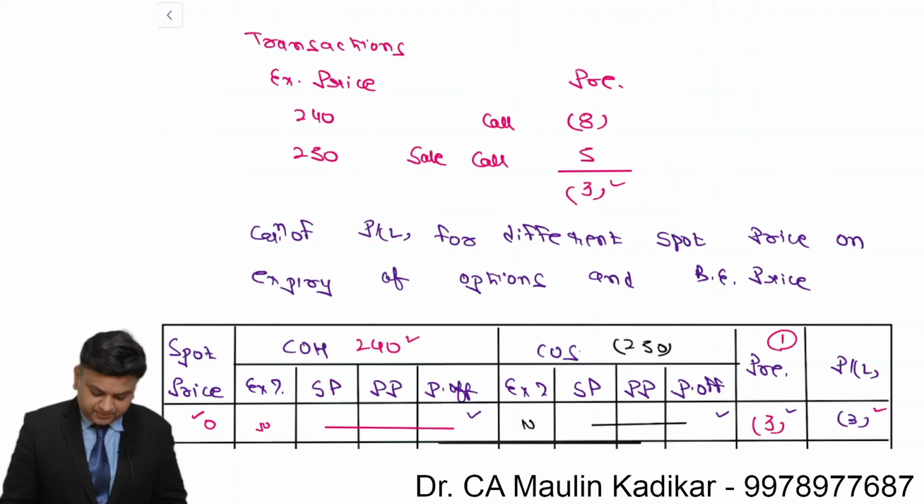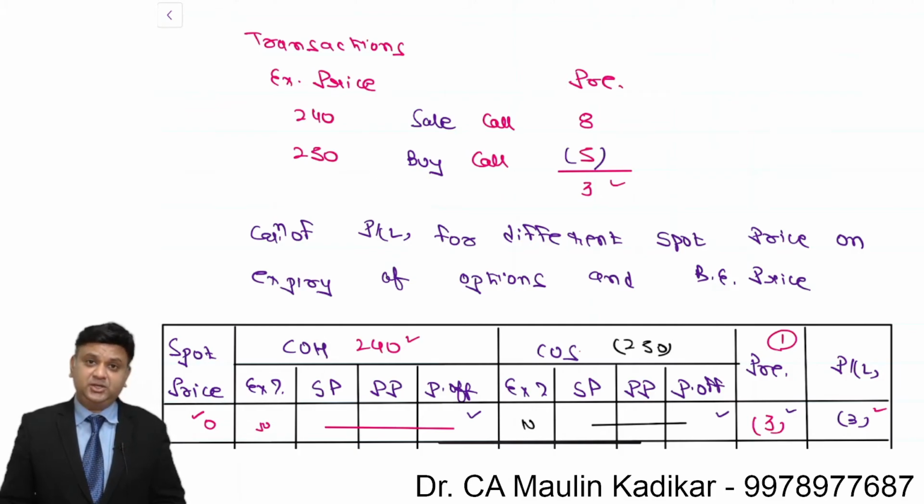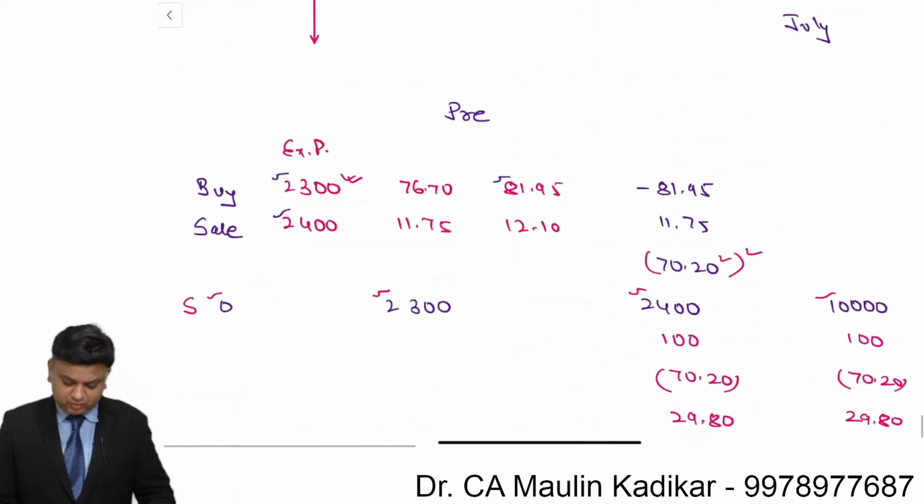You will sell the call having the lower exercise price. On sale of the call option you will receive a premium of rupees 8, and you will buy a call option which has a premium of rupees 5. So ultimately that will result in an initial gain of rupees 3. This is what you are going to do.